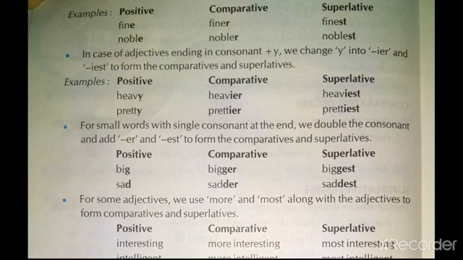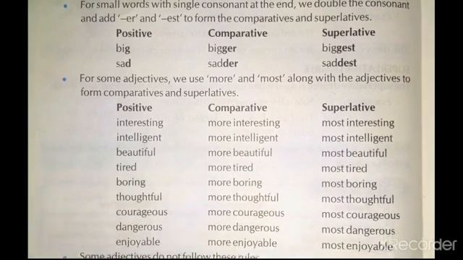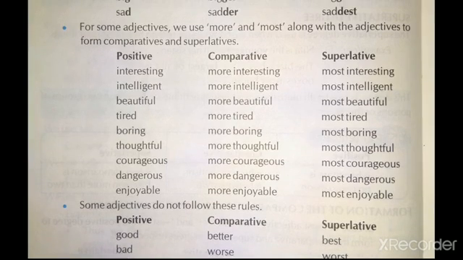Next point. For some adjectives, we use more and most along with the adjective to form comparative and superlative. Examples: interesting, more interesting, most interesting. Intelligent, more intelligent, most intelligent. Beautiful, more beautiful, most beautiful.